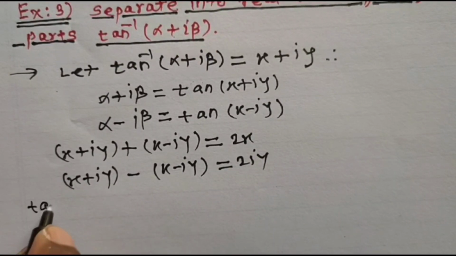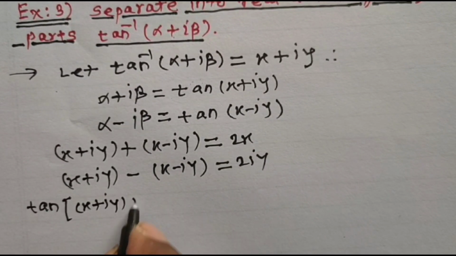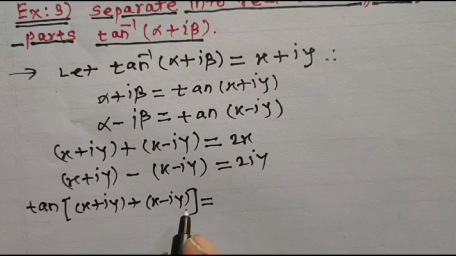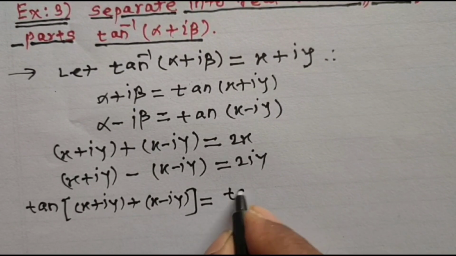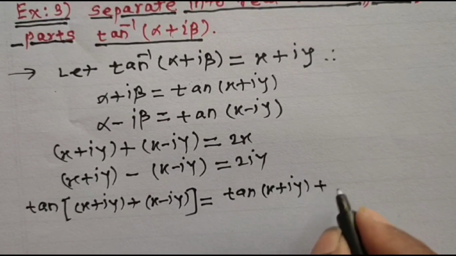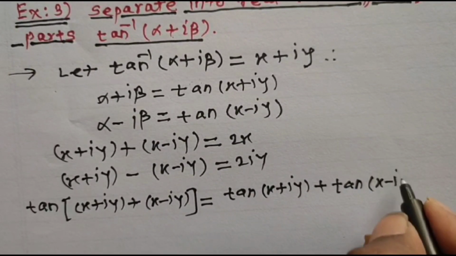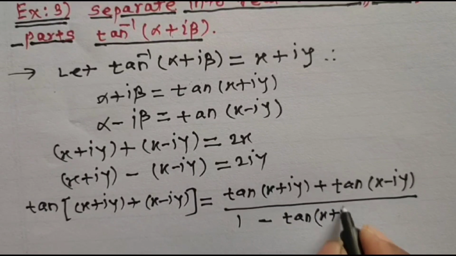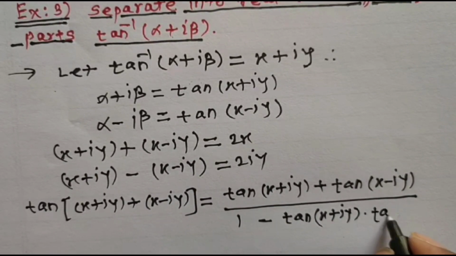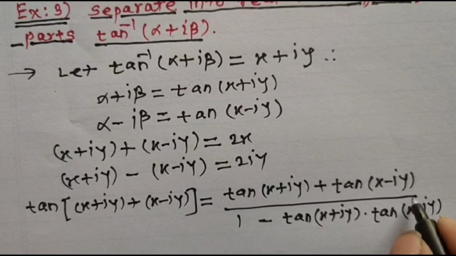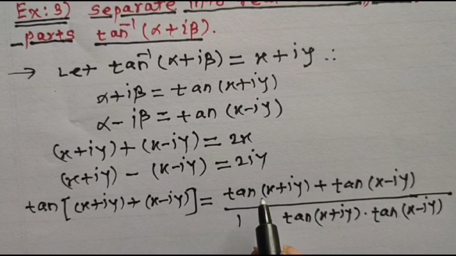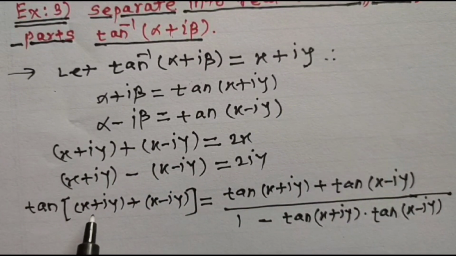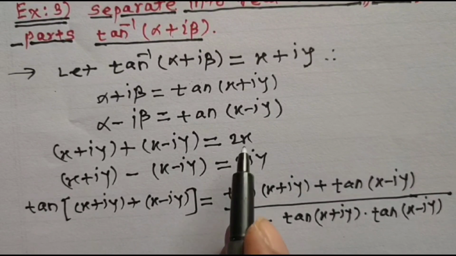Hence the tangent ratio of x plus iy plus x minus iy, by the tan of a plus b formula, is tan of x plus iy plus tan of x minus iy divided by 1 minus tan of x plus iy into tan of x minus iy. Put the values. Tan of x plus iy is alpha plus I beta. Tan of x minus iy is alpha minus I beta. Put here. And x plus iy plus x minus iy is equal to 2x.